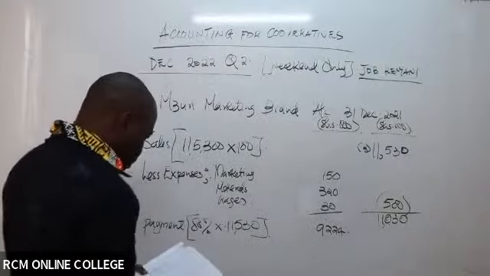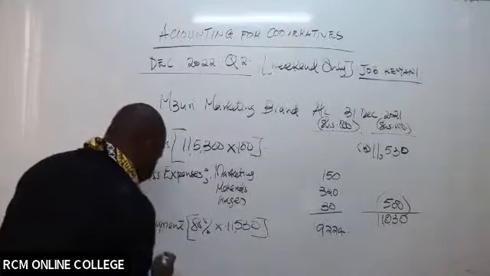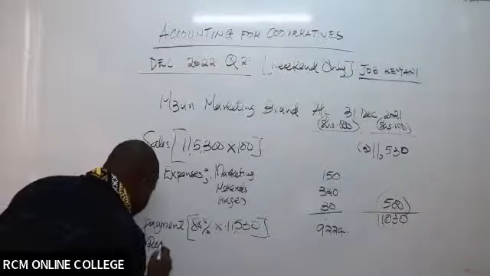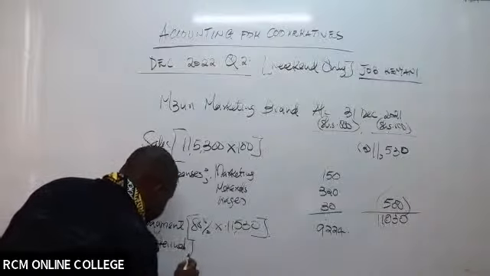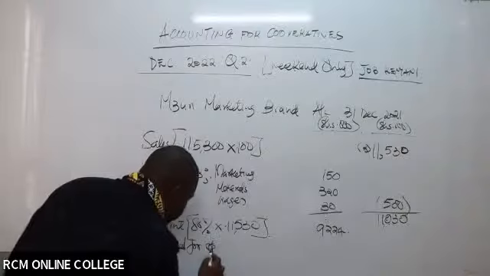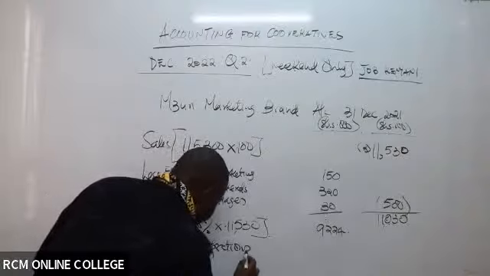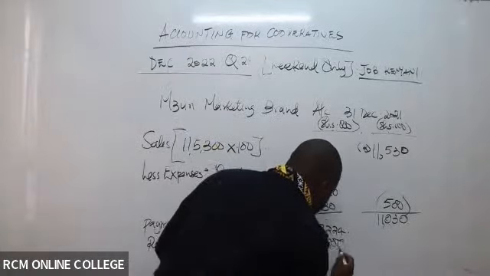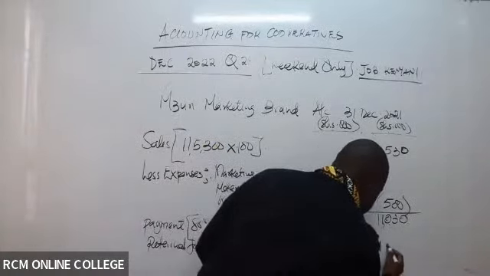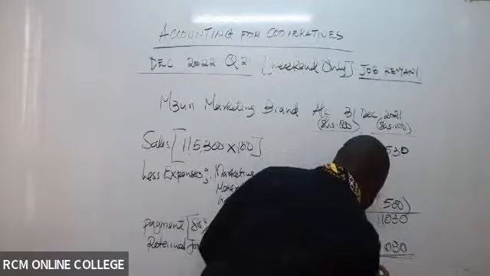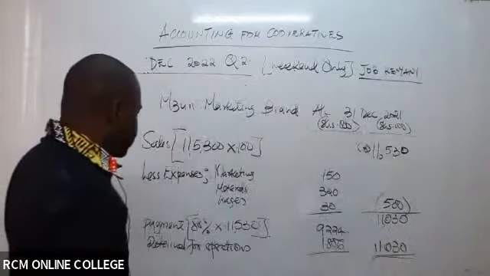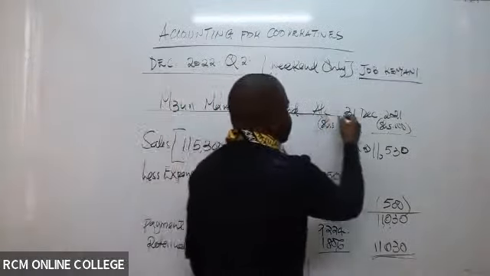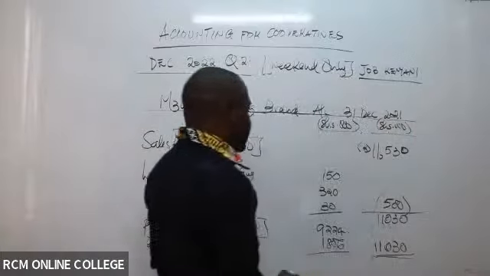Then the 20% retained for operations, the other amount remaining, will be retained for operations. That will be 1806, so that the total gives us 11,030 as here. So that is what will happen regarding the Mzuri marketing brand account.